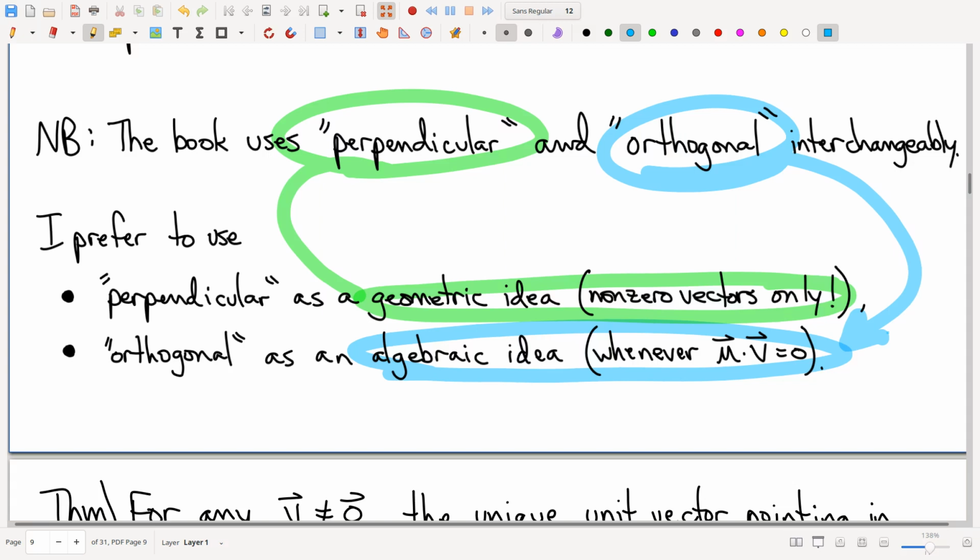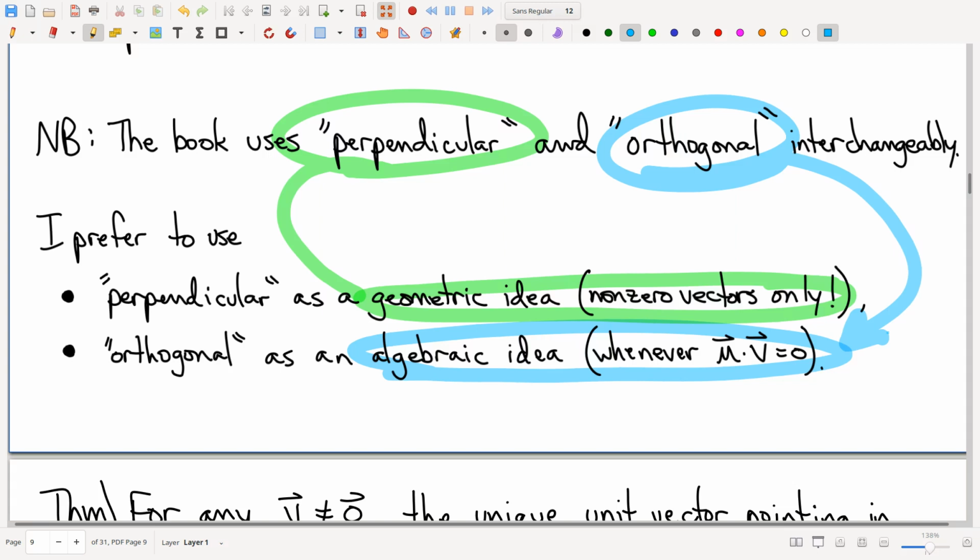Now, I have a long history of using these ideas before I became very careful about the distinction, and so I'm probably going to mess up here and there. Apologies in advance. Sometimes I will say orthogonal when I meant perpendicular, and sometimes vice versa. But my inability to be perfect on it is not the same as my thinking that it's okay to be imperfect on it. So I hope that makes sense.